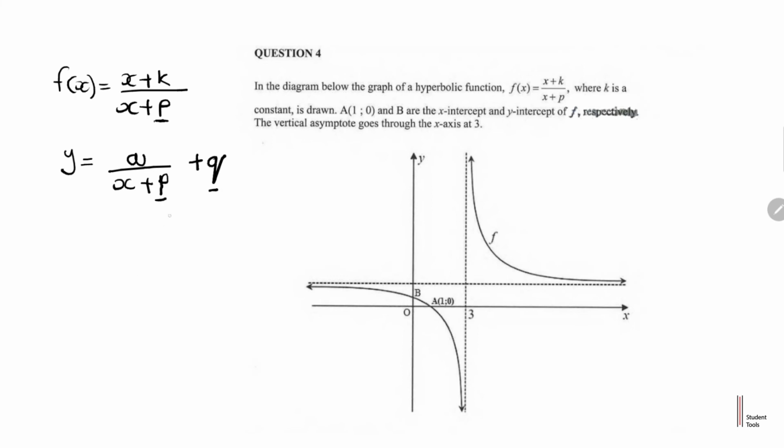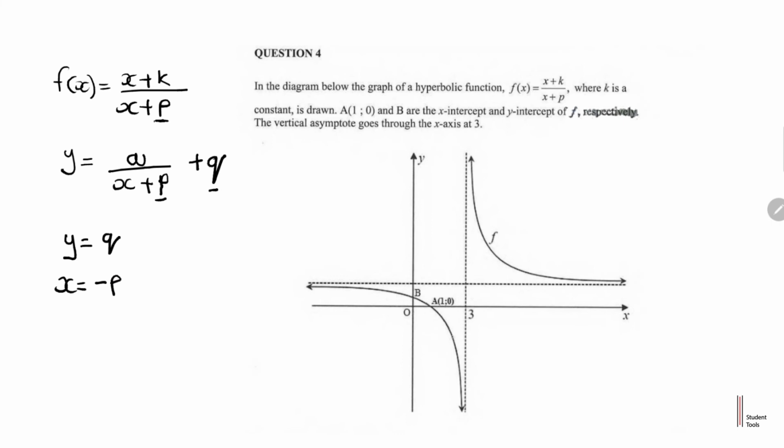We get these values from the asymptotes. So for instance, the horizontal asymptote is y equal to q. And for the vertical asymptote, x is equal to a minus p.